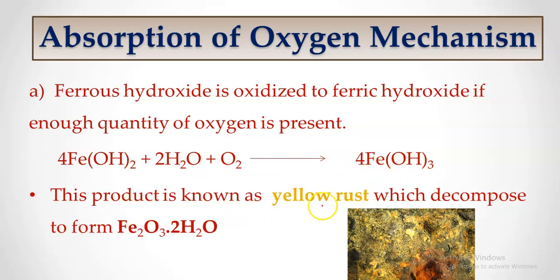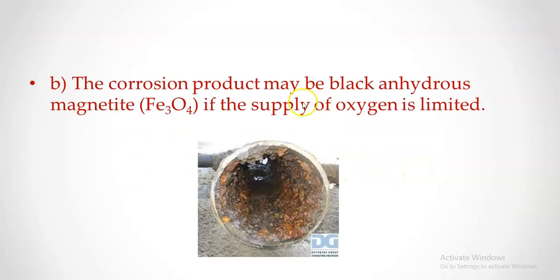This product is called yellow rust, which decomposes to form Fe2O3, hydrated ferric oxide.